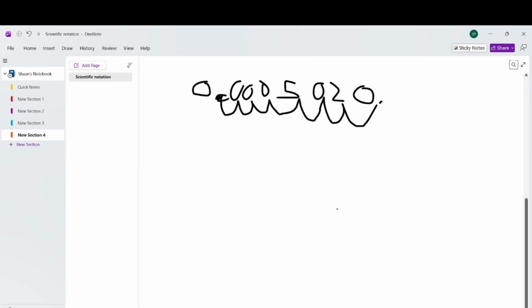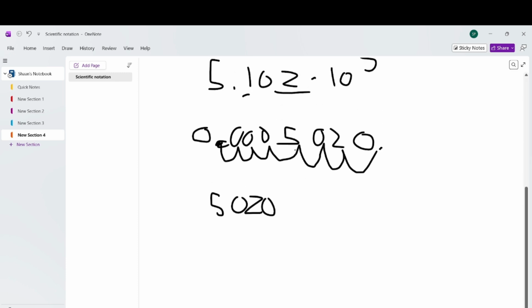But now we have this 0 here, so what we actually have to do is write 5020, since the 5 is right here, and we're going to have to multiply it by 10 to the power of 1, 2, 3, 4, 5, 6, 7 spots, so it would be 5020 times 10 to the power of -7.